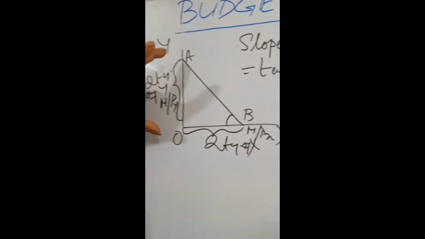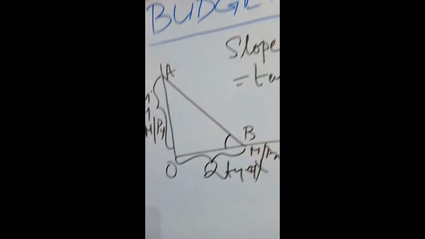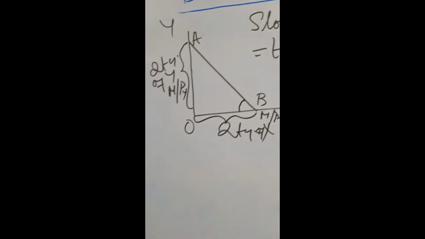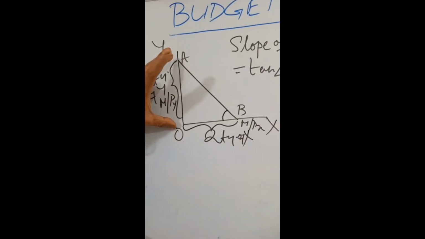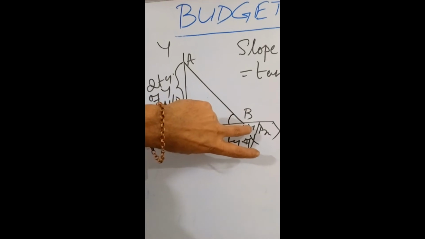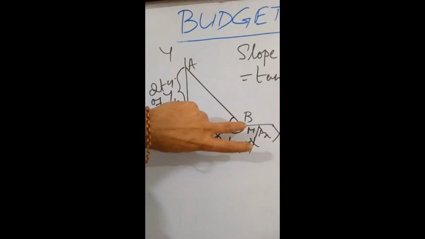So OA by OB is equal to M by Py divided by M by Px.